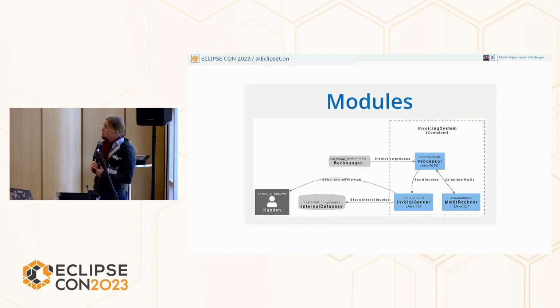Next, we should group them in modules, and now we're on the bigger level again. We have components like the Mehrwertsteuerrechner and the invoice sender, and they expose just a very, very small API. In this case, just one method call and two different classes. And we can embed them in a bigger invoicing system.